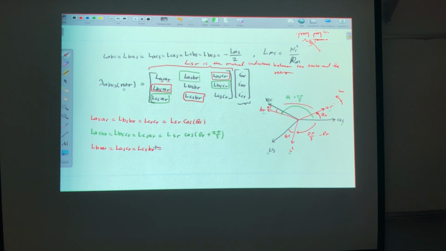LSR cosine theta R minus 2 pi over 3. Jamal is very genius, by the way. He said that cosine of theta is equal minus cosine of minus theta. And here, by the way, C is for the cosine, because I'm too old to write cosine. Good?